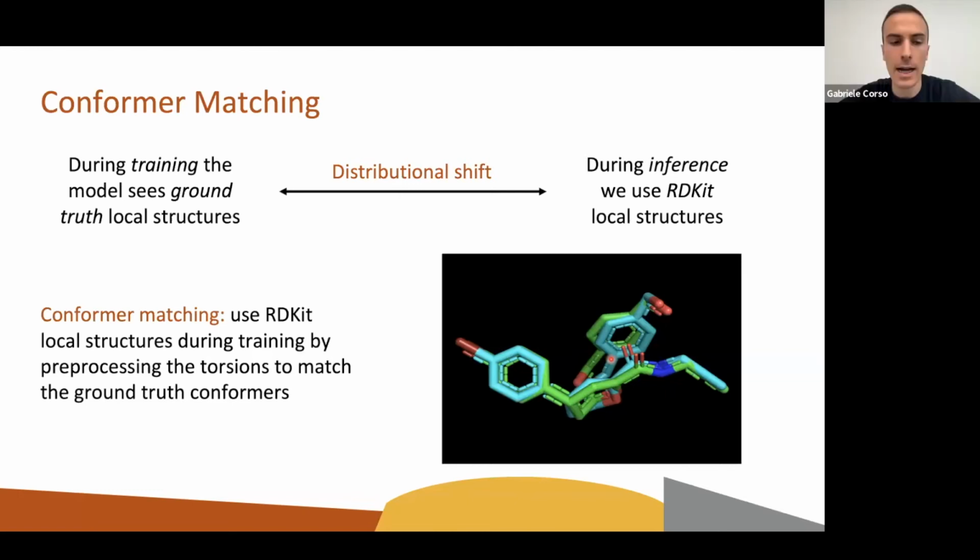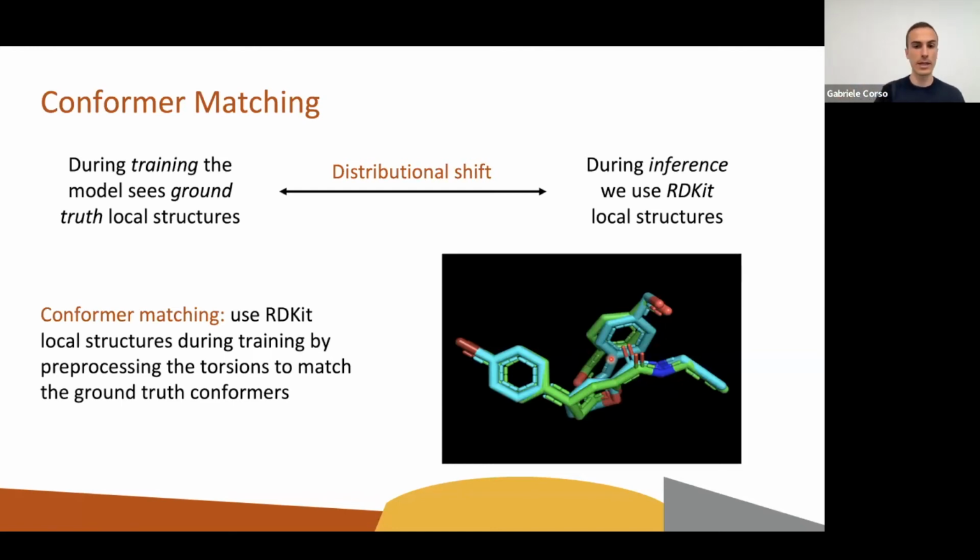how an RDKit conformer where all its torsion angles are ideal will look, right? Yeah, obviously our diffusion, you can see it in two ways. One is that since we restrict the space over which we operate to torsion angles, if the RDKit local structure is not accurate, we can only go so far.